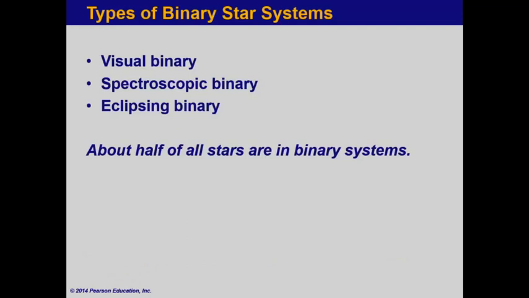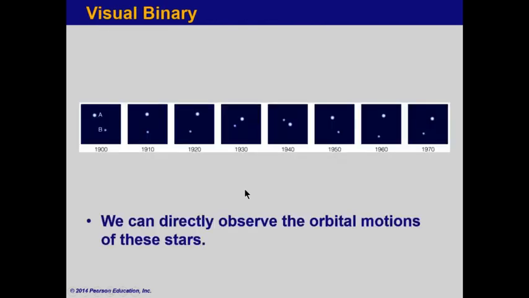So the different types of binary stars that we see depend upon how we detect them: visually, spectrographically, or as an eclipsing unit. The visual binaries are the ones we just talked about. We actually see them orbiting each other.